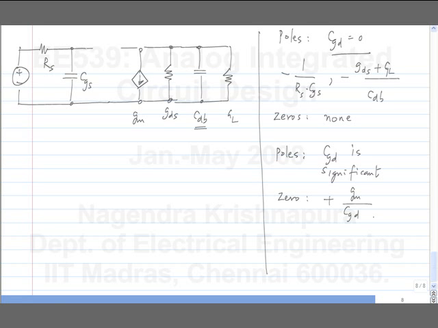I didn't hear what you said. CGD multiplied by the DC gain. This is minus GM. Why?